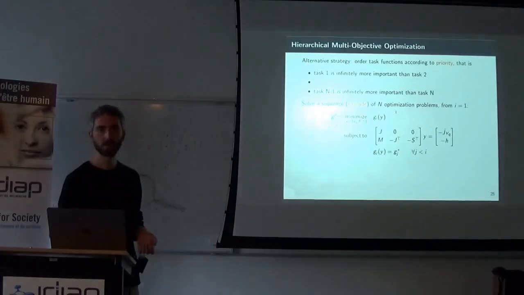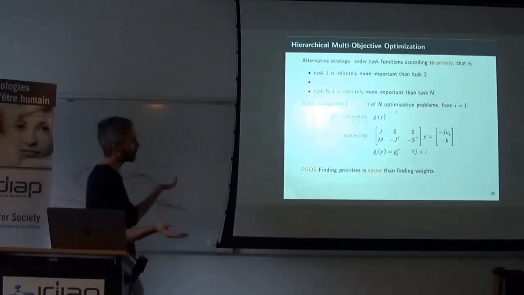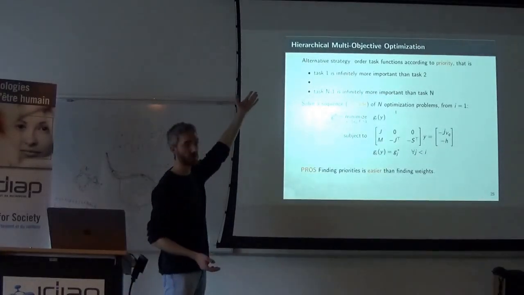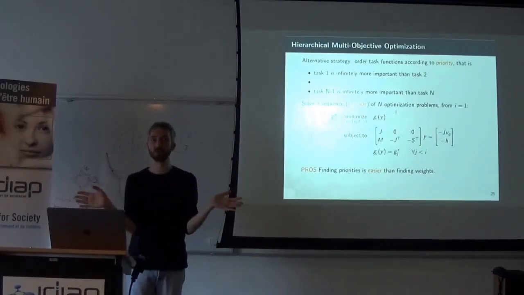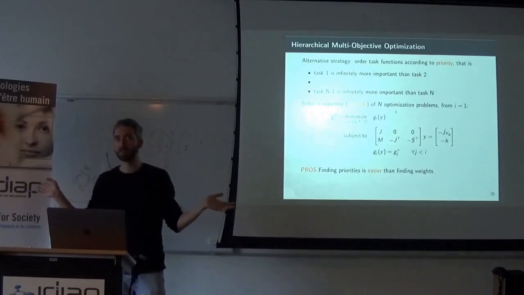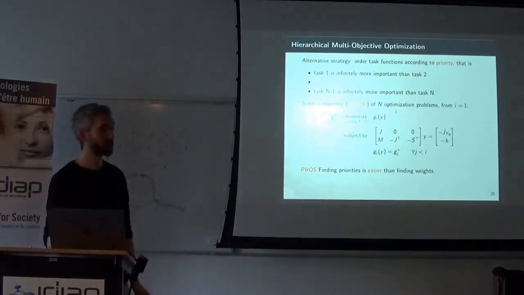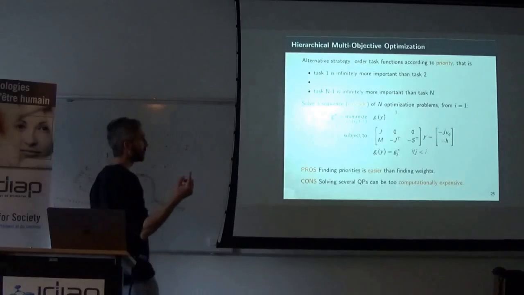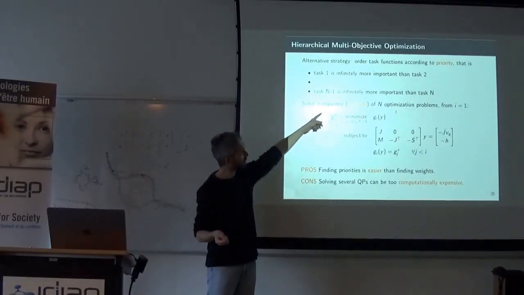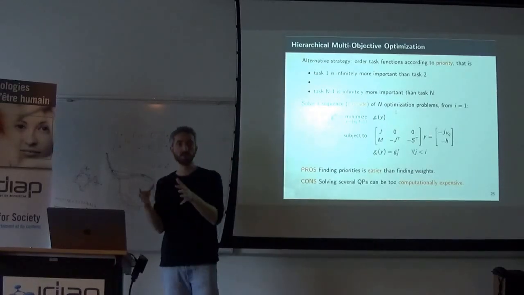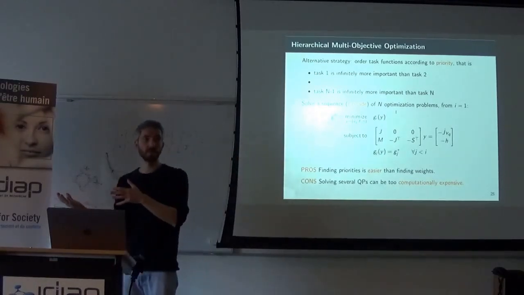So the pros of this approach is that it's much easier to find priorities than to find weights, because here you have a finite number of options, whereas with weights you have infinitely many options. But the cons is that you're not solving a single QP, you're solving a sequence or a cascade of QPs, so it takes more time.